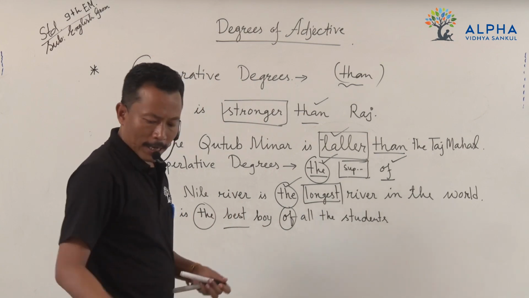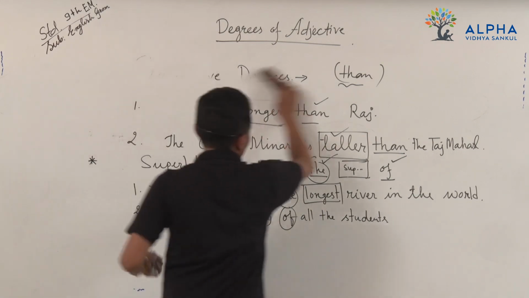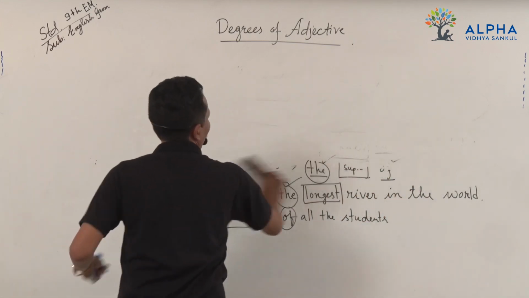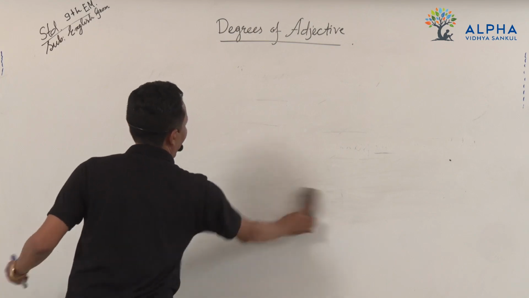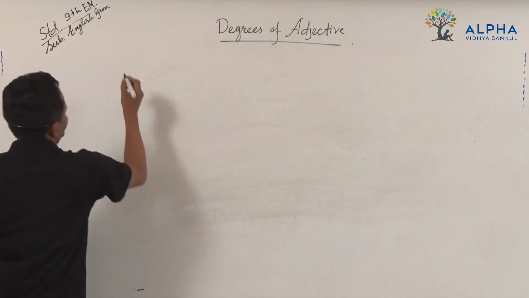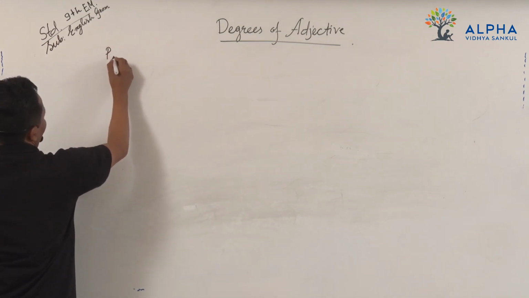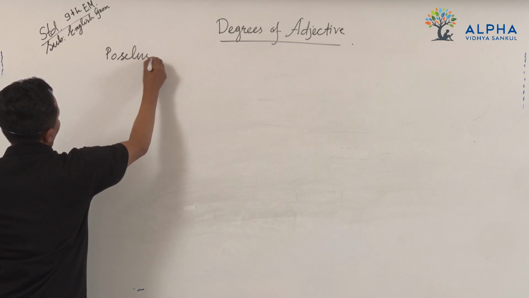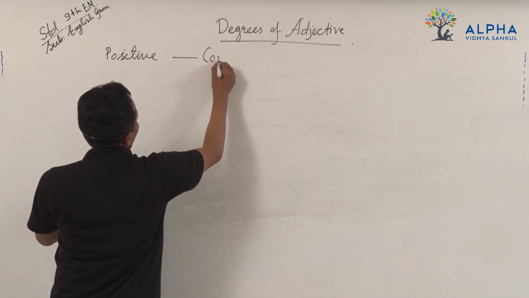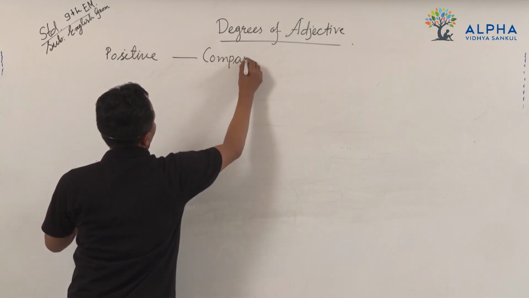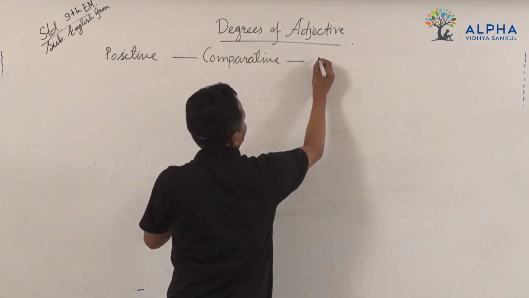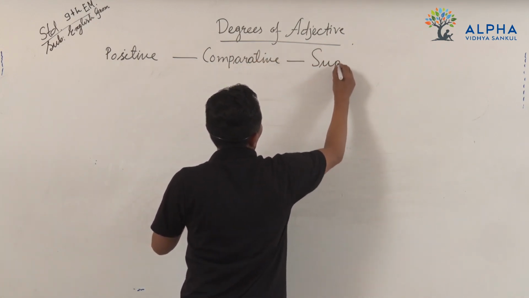Now the next is how to make the comparative degree and superlative degree from the positive degree. Here is the positive degree, here the comparative degree and the superlative degree.